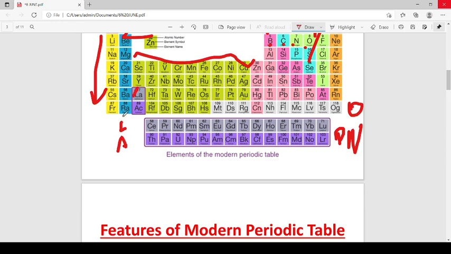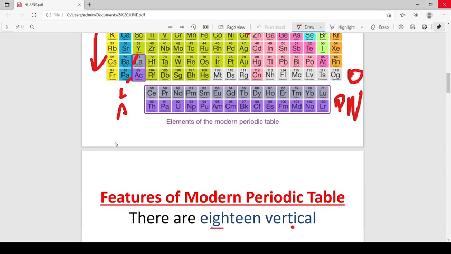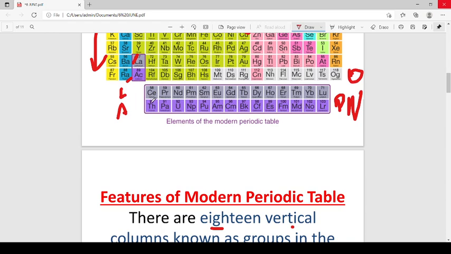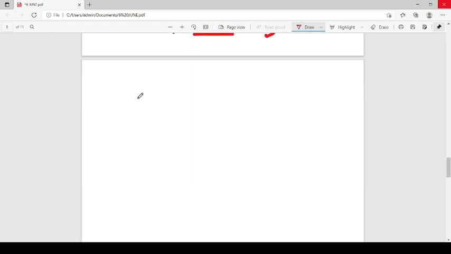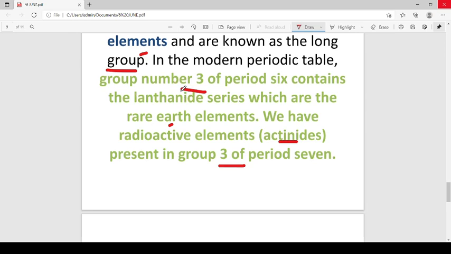This series which is present downwards to the periodic table contains the rare earth elements and radioactive elements.